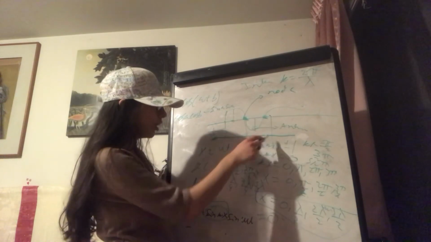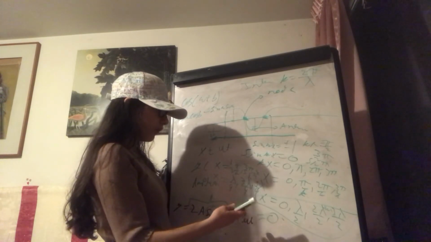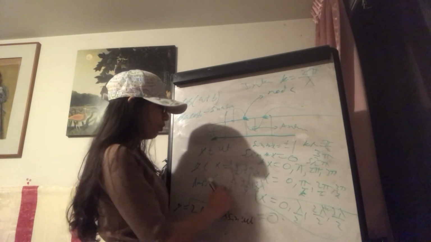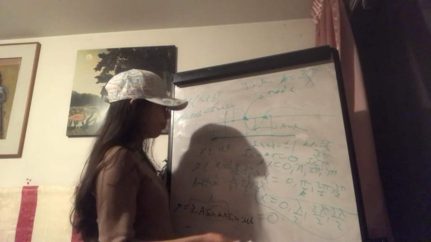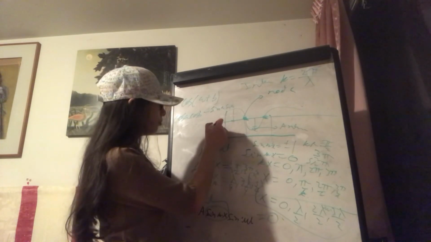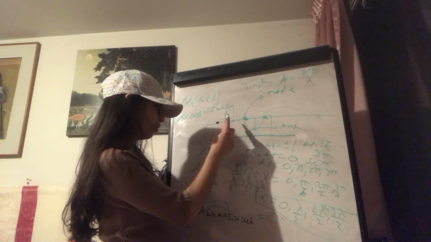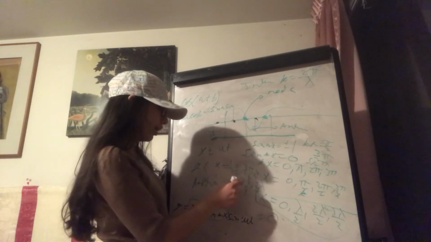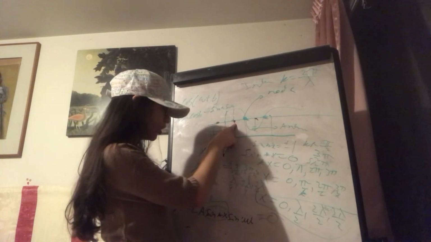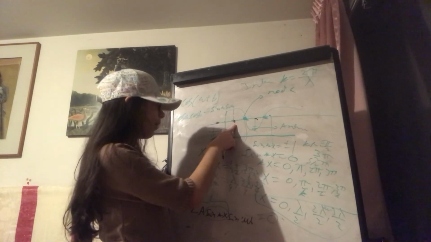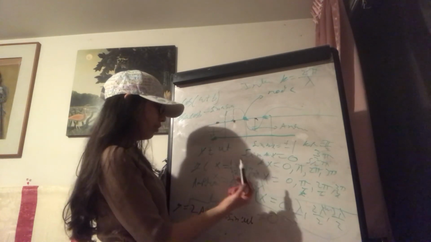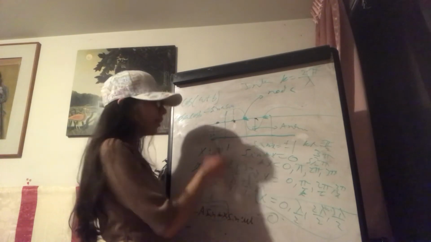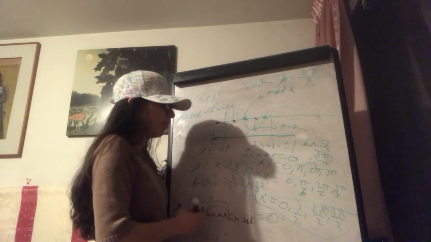So the distance between one node and another is half the wavelength. On the antinodes, I have one at lambda over 4, another at 3 lambda over 4, and another at 5 lambda over 4. So between an antinode and the adjacent antinode we are half a wavelength apart, but between a node and an antinode we are a quarter of a wavelength apart.